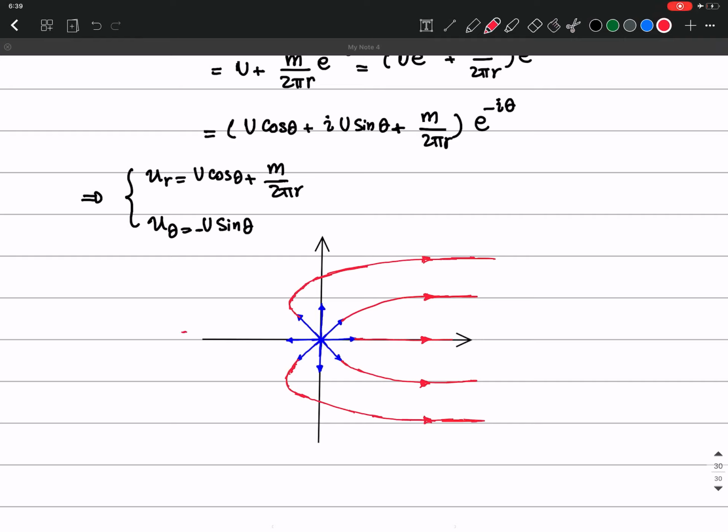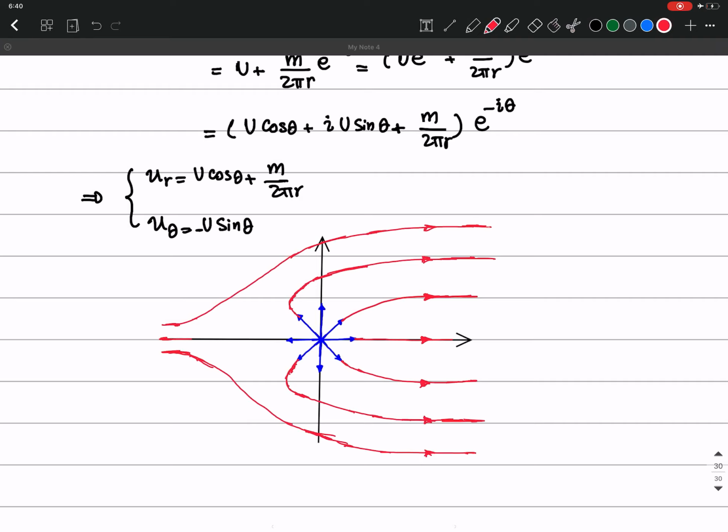So we are going to have, if I want to plot it from here, and then let me plot the one in here.